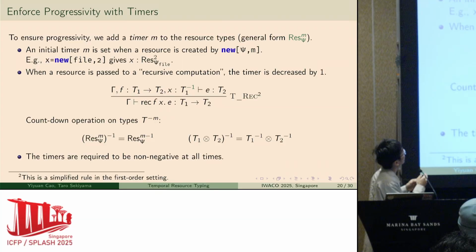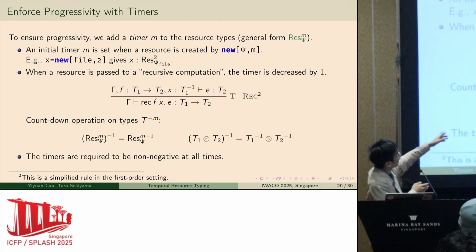Our intuition for these timers is that they bound the number of recursive calls that a resource can be passed through. This is manifested in our typing rule for recursive functions, which is a somewhat simplified version in the first-order setting.